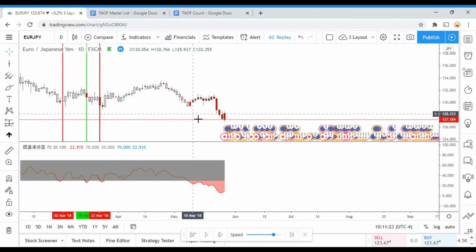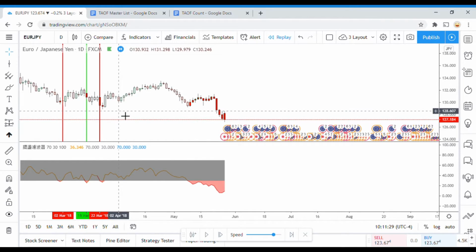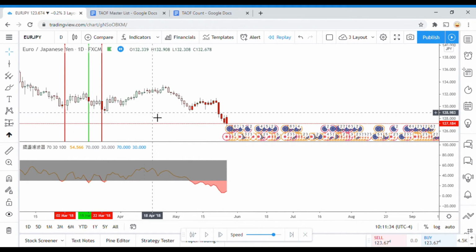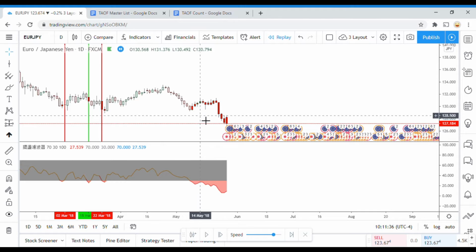Let's see, so this candle opened at 130.05. And the high there was 131.